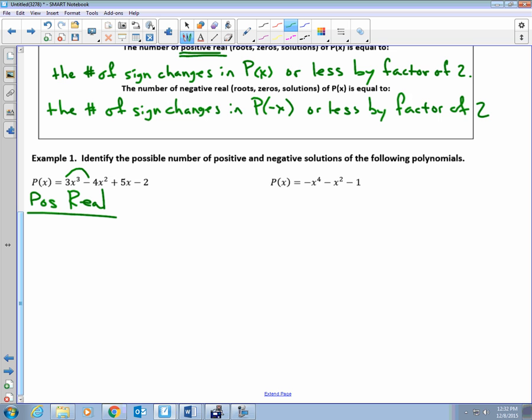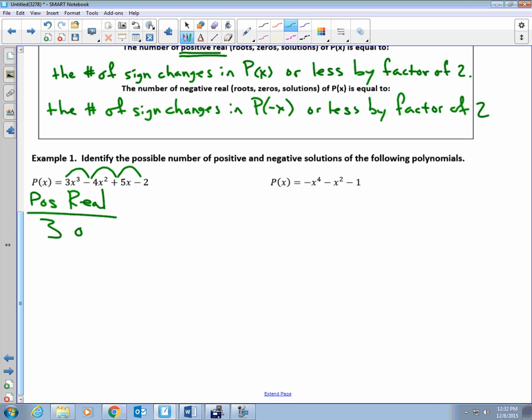Now, it goes from negative, and it switches to positive. That's another sign change. And then it goes from positive to negative. So you can see of the 4 coefficients, there are a total of 3 sign changes. Therefore, there are 3 positive real roots.